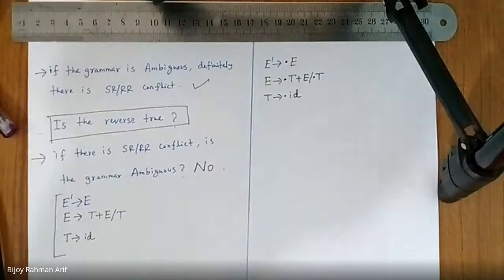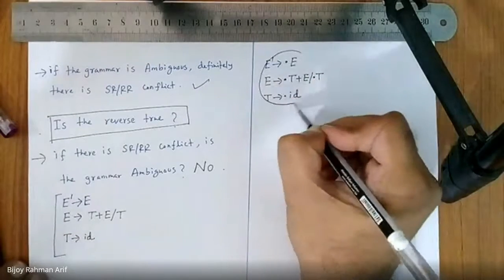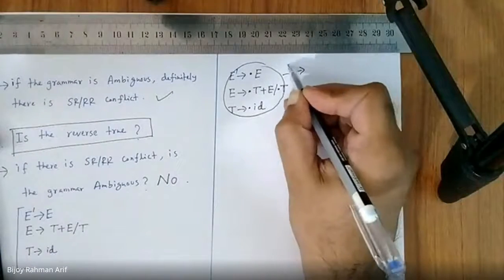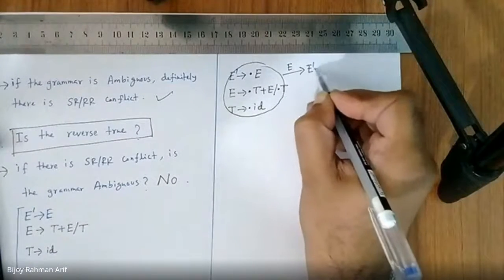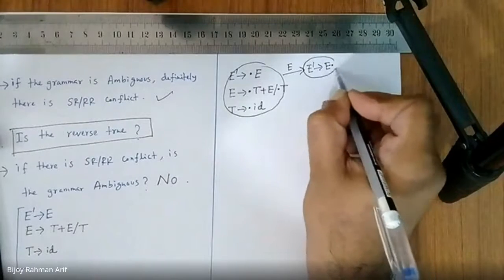Am I right? Then what is the second step? E dash derives E dot. We have to stop over here.